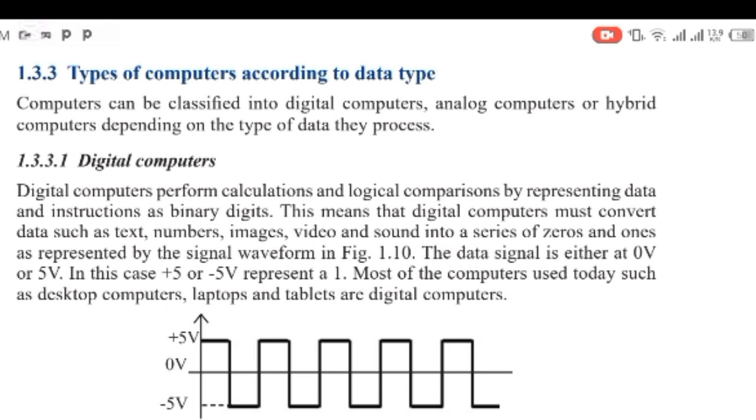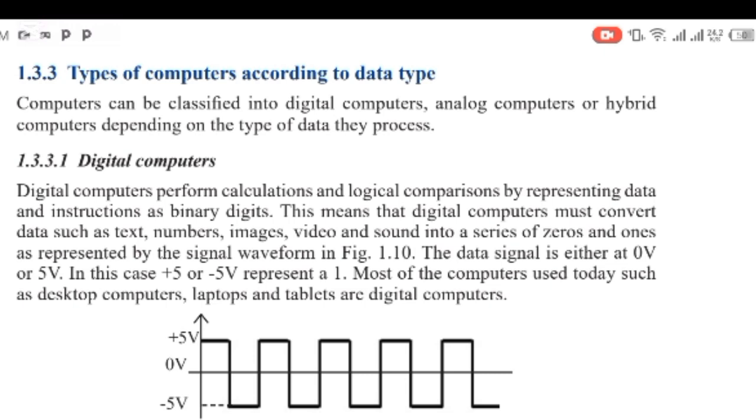Today, as we were discussing the classification of a computer, we also see the classification of computers, but today we have a subtopic called the classification or types of computers according to the data type. What does it mean? Today we are going to look at the types, the categories of computers based on their type.